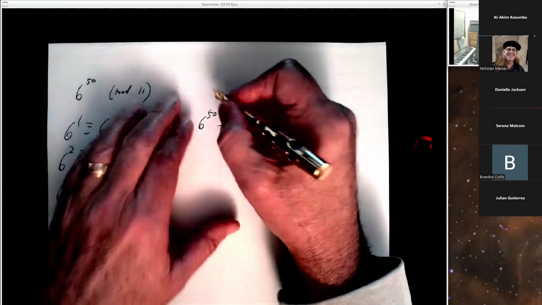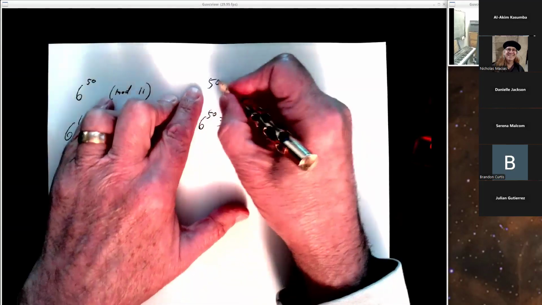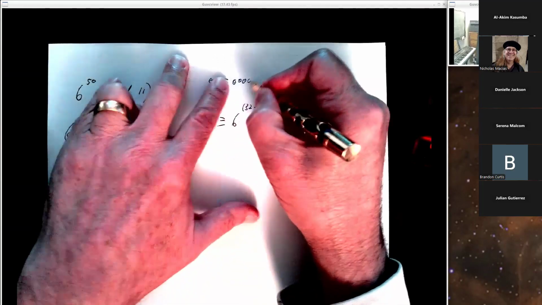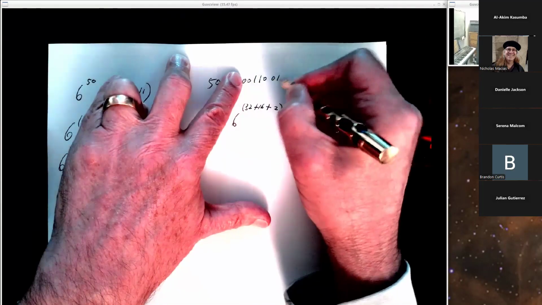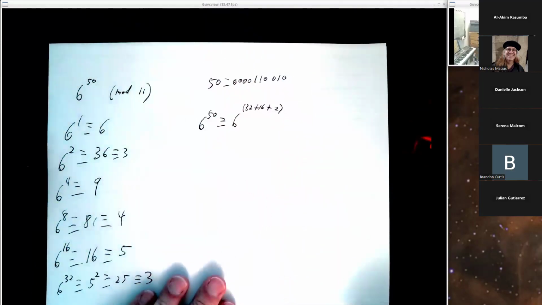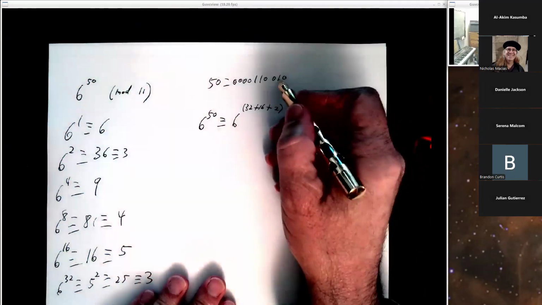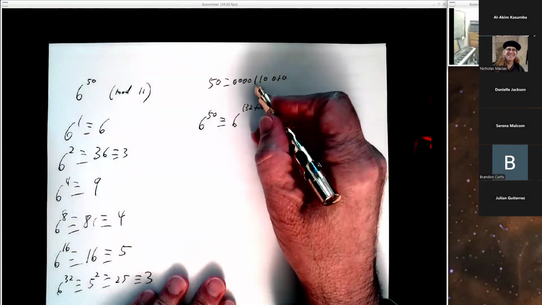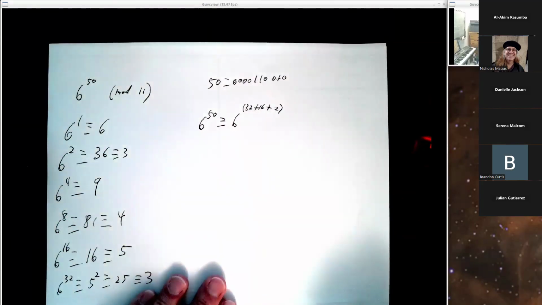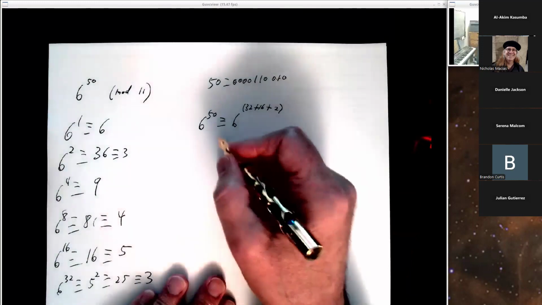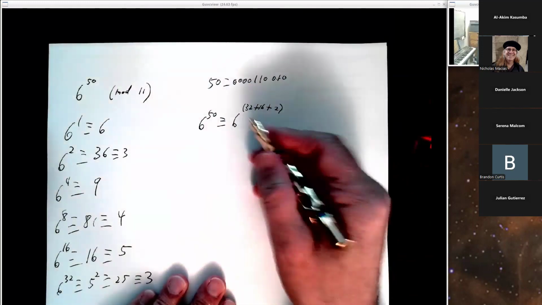50, if you write it in binary, looks like that. So it's 2 to the 1st, 2 to the 4th, 2 to the 5th. That's 2 plus 16 plus 32. So 6 to the 50th is 6 to this exponent.